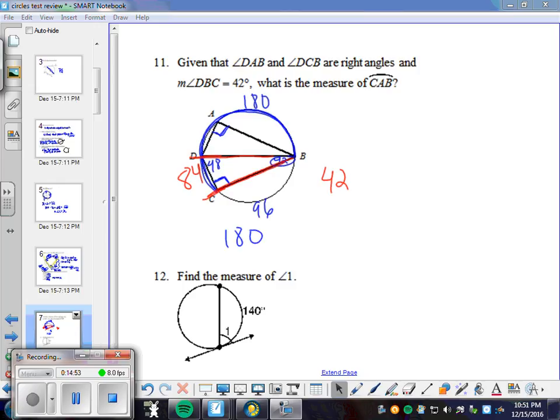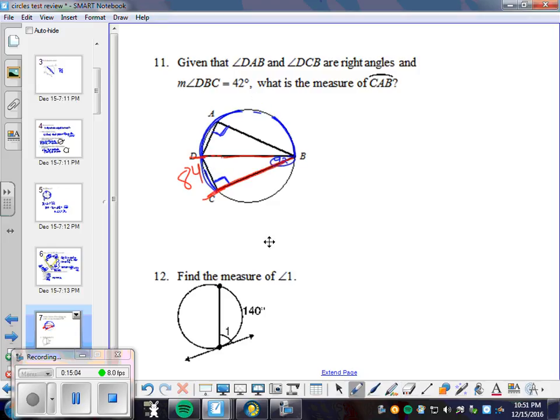Okay, so now let me go back through what I just did. So, angle 42 gave me 84. Now, I have a 180 triangle. I have 42 here, I have 90. So if you do 90 and 42, you get 132 from 180.